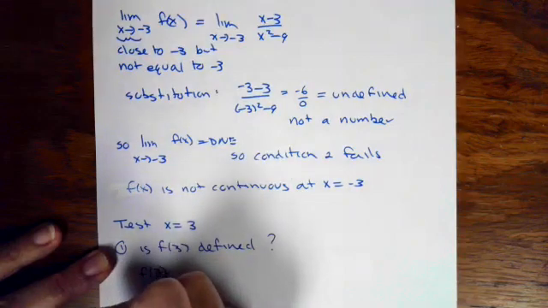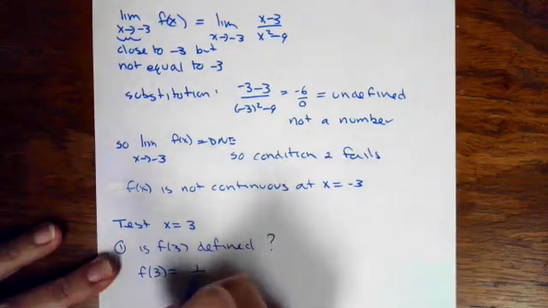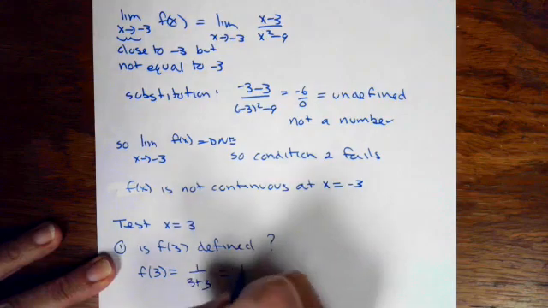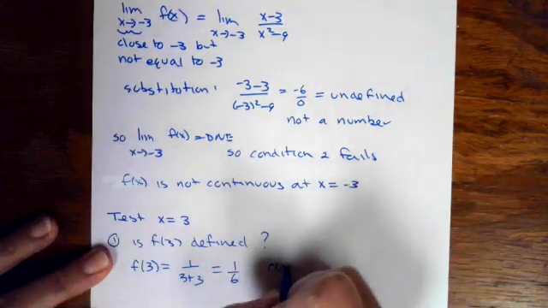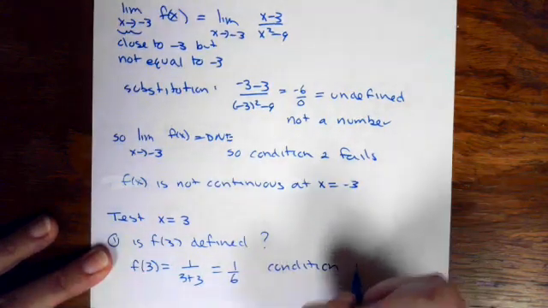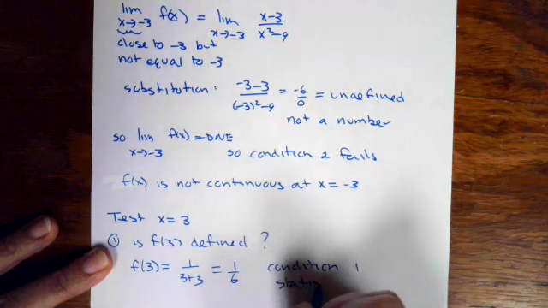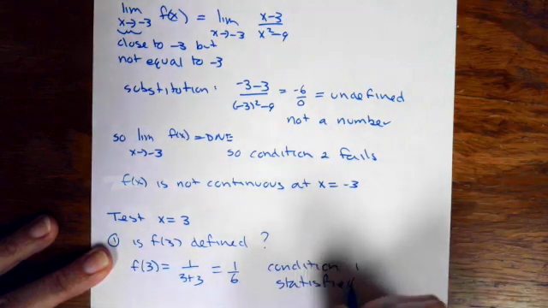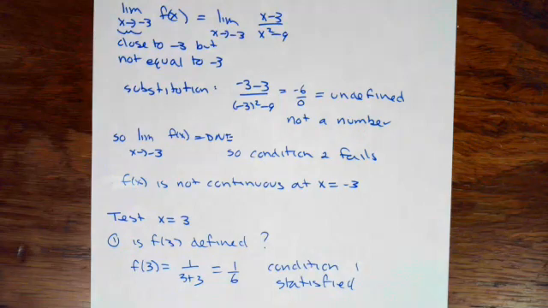So f of 3 will be 1 over 3 plus 3, or 1/6. So condition 1 is satisfied, because all condition 1 asks is: do you have a functional value? And yes, I have a functional value.